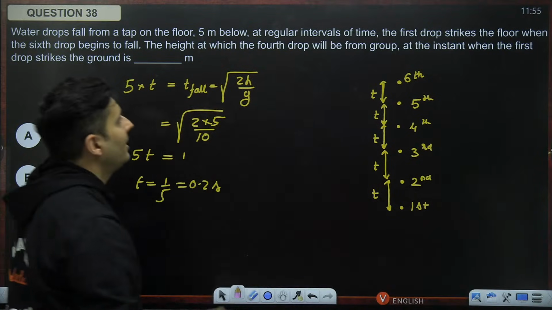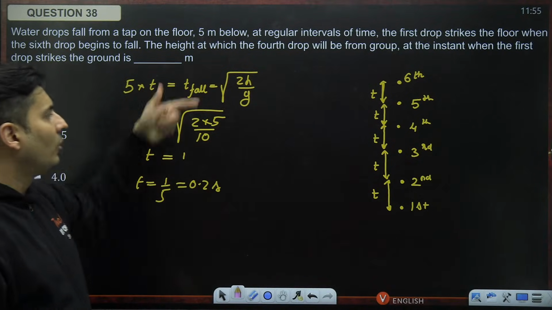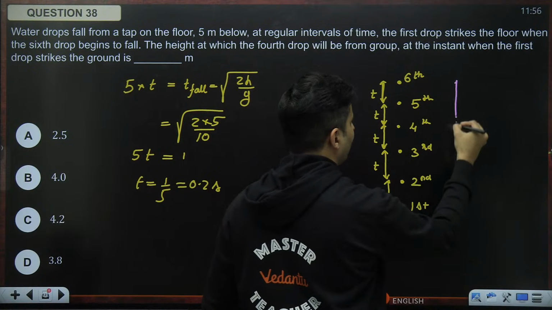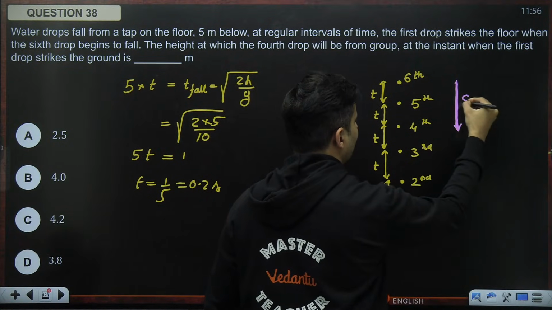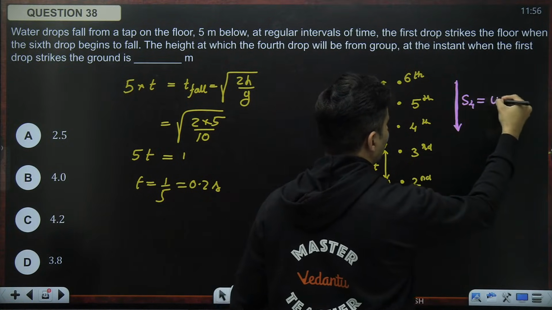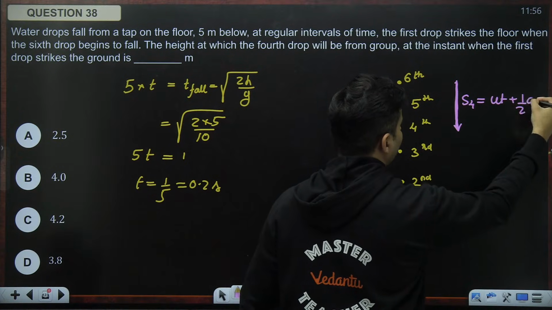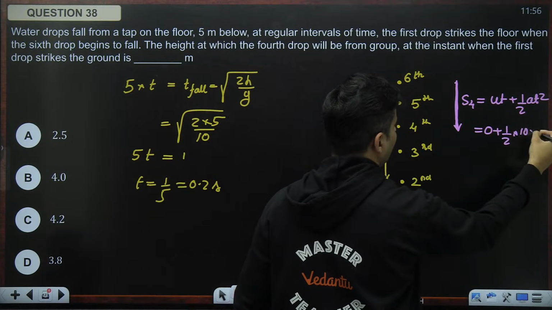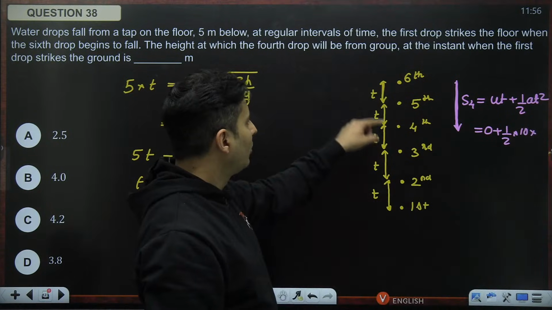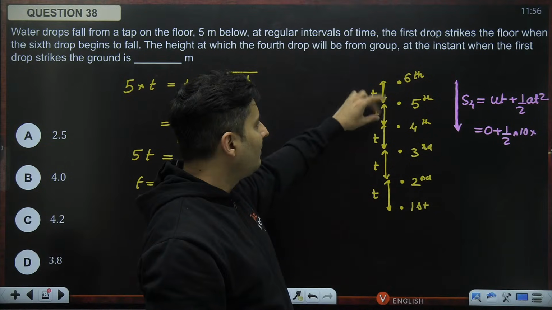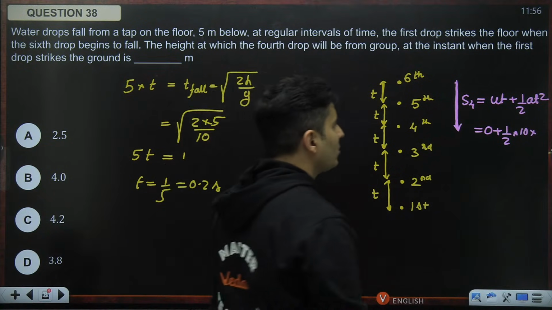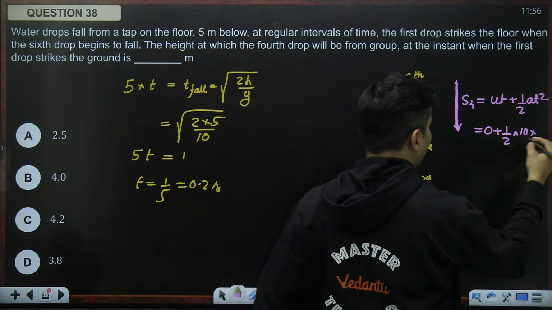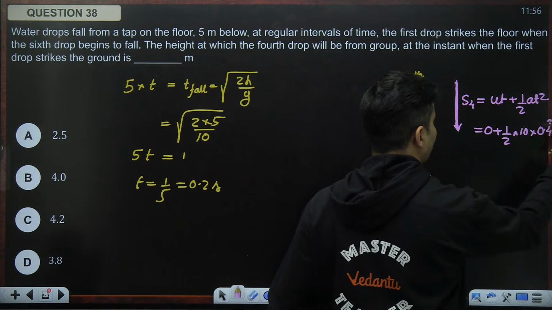Now, because they have asked at what height will the fourth drop be, first figure out the displacement of the fourth drop using ut plus half at square. Initial velocity 0, acceleration is 10. For the fourth drop, how much time would have elapsed? 2t. So basically 2 into 0.2, which is 0.4 square.